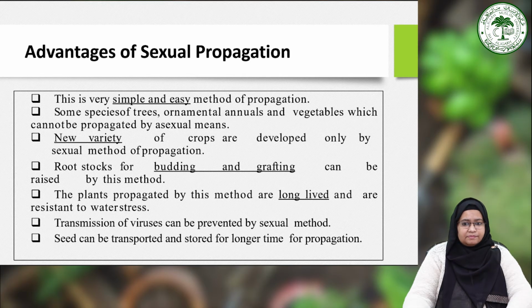New varieties of crops are developed only by sexual propagation. Rootstocks for budding and grafting can be raised by this method. The plants propagated by these methods are long-lived and resistant to water stress. Transmission of viruses can be prevented by the sexual method. Seed can be transported and stored for a longer time for propagation.